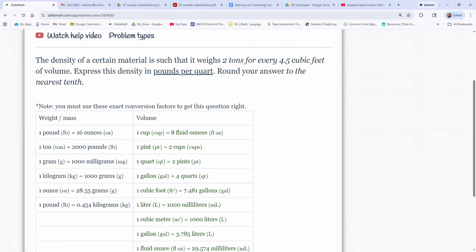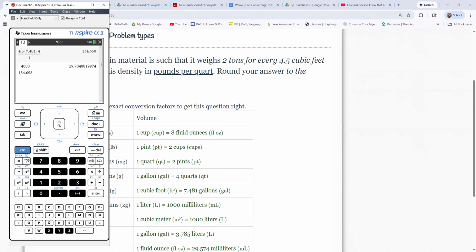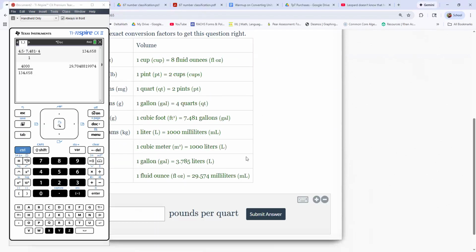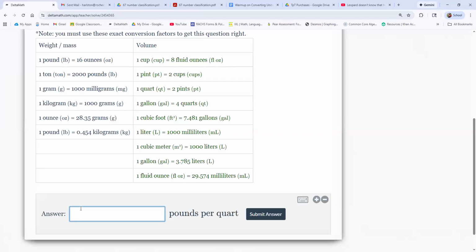That's going to be 29.7. So that's our answer: 29.7 pounds per quart.